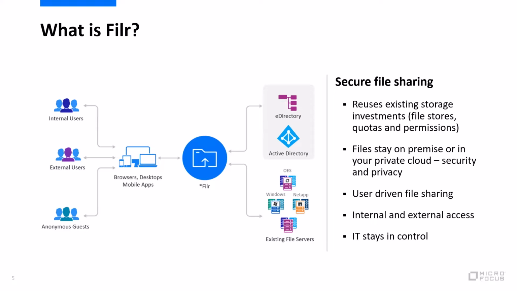The files stay on-prem and you are in charge of the security and privacy of those files. Users can share files based on what network folder you're exposing and what rights they have, both internally and externally. And of course, the IT department stays in control of this information. You're not passing control of your documents on to someone else.